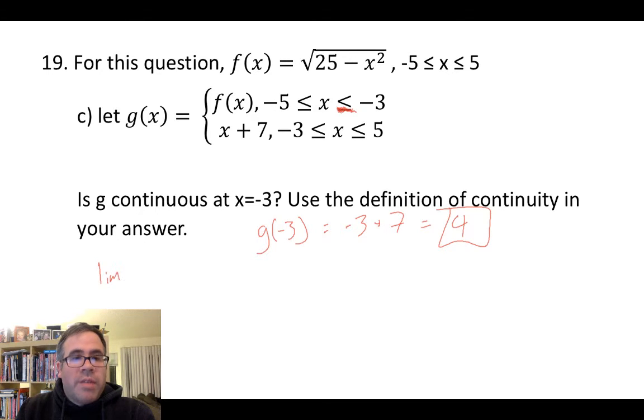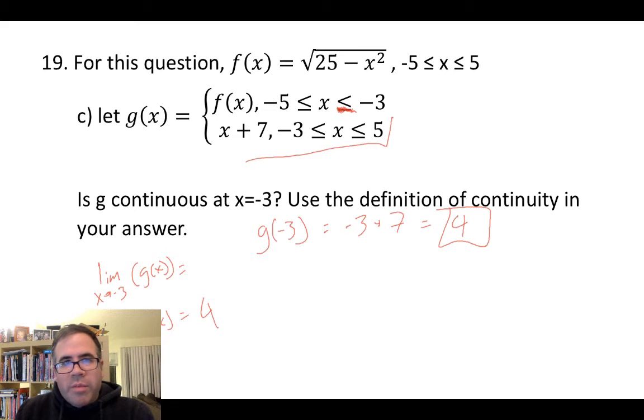So the limit, if it exists, as x goes to negative 3 of g of x. Since it's piecewise defined, we have to look at the limit on both sides. We already know on this side, the limit as x goes to negative 3 from the positive side, that'd be this one, is going to be 4, because it's just what we got over here. And then if you turn back to the previous problem, part B, x is negative 3 there.